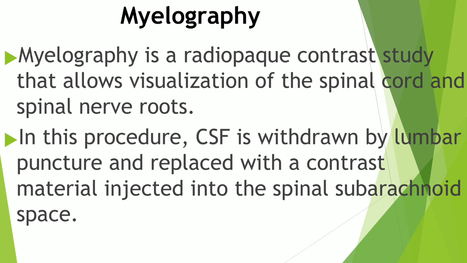You can appreciate them clearly on X-ray of the back. So when you carry out radiography of the back, it helps you appreciate the vertebrae, so you can tell if there's a fracture or dislocation. But when you really want to see the spinal cord and the spinal nerves, radiography will not help you. So what do you do?